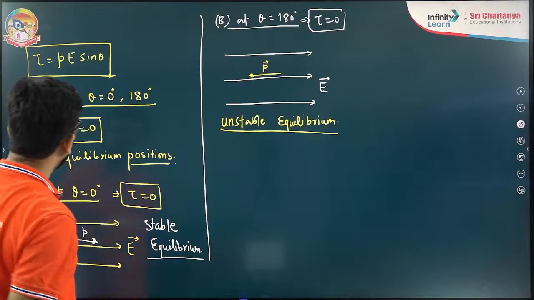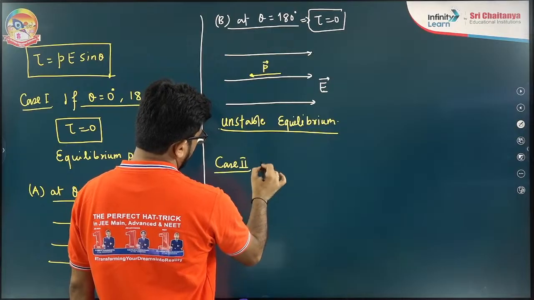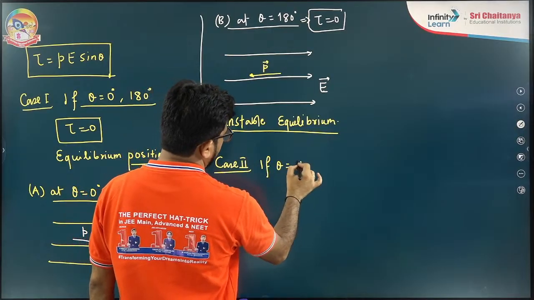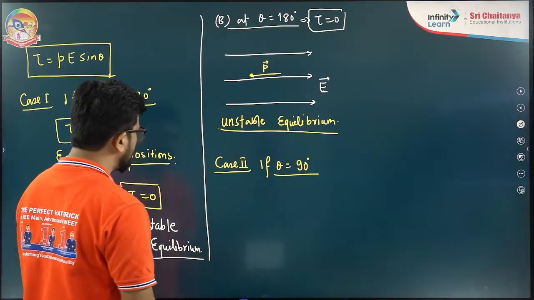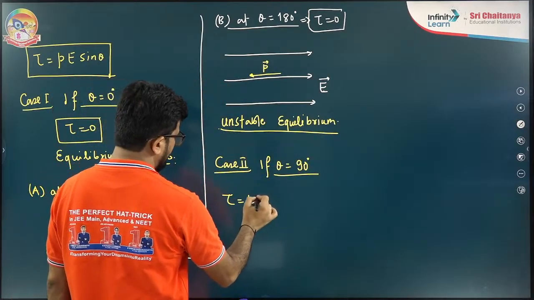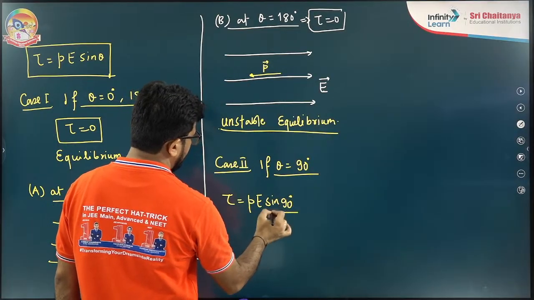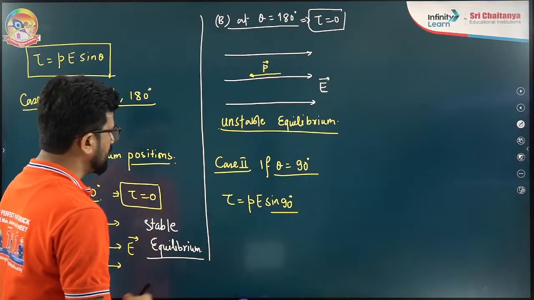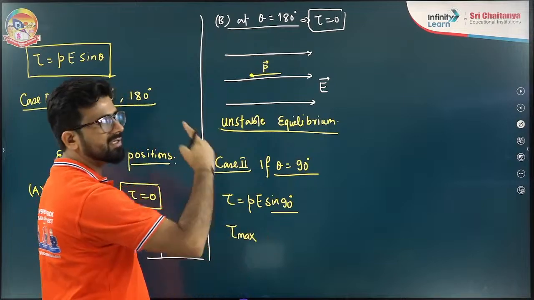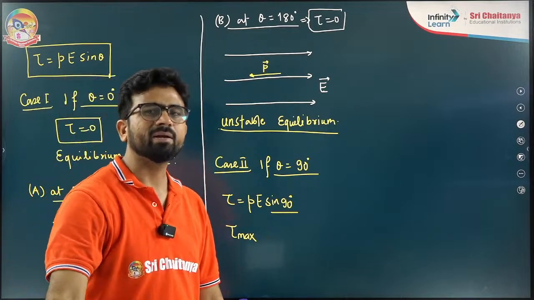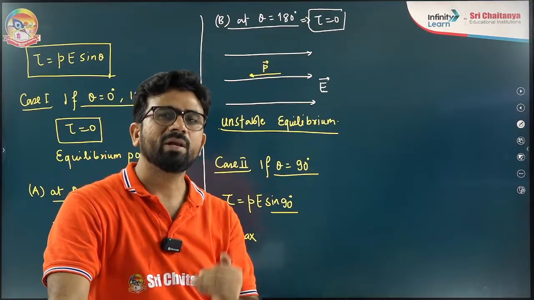These are two cases. Now come to the second case. If I put theta equal to 90 degree, what is the torque? Torque is equal to PE into sin 90. What is sin 90? 1. So the torque has its maximum value. Why maximum? Because the maximum value of sin theta is 1 and the minimum value is minus 1.